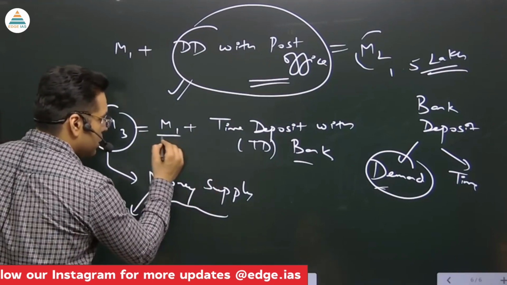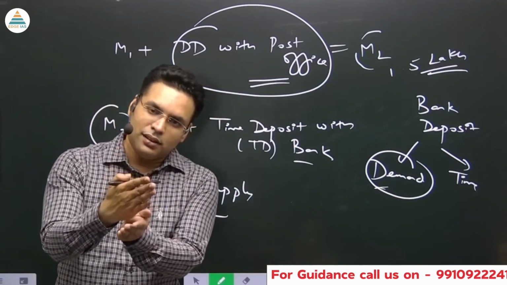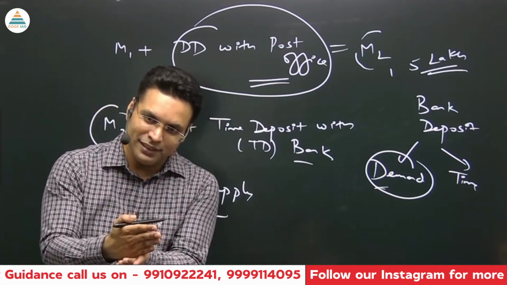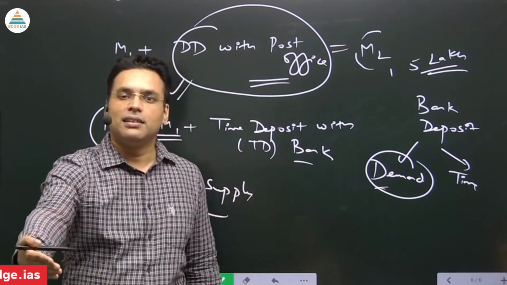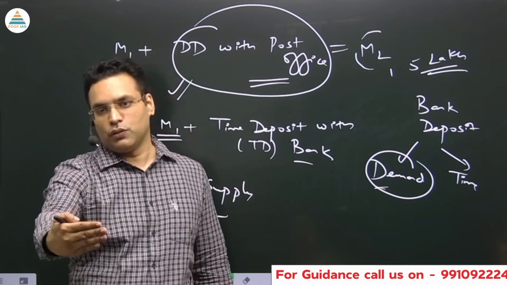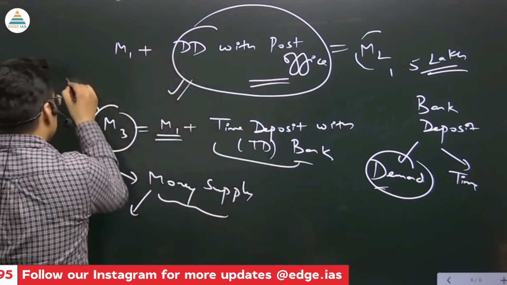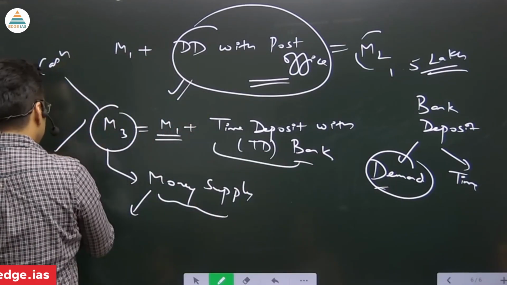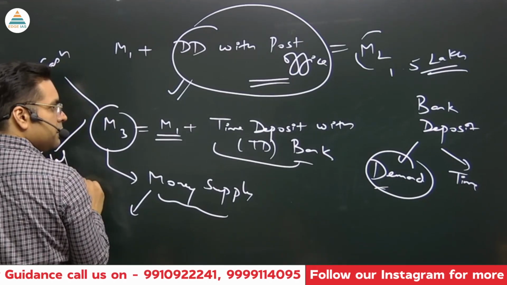It includes the cash with people and the bank deposits. Am I right? M3 consists of the cash with people and the deposits, the entire deposits of the economy. In fact, M3 includes cash plus total deposits in the economy. Am I right?